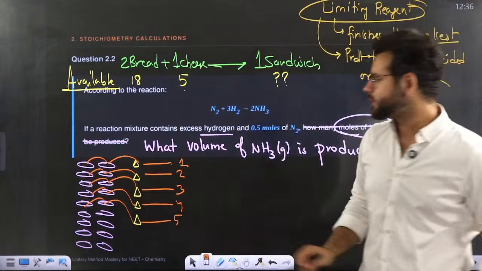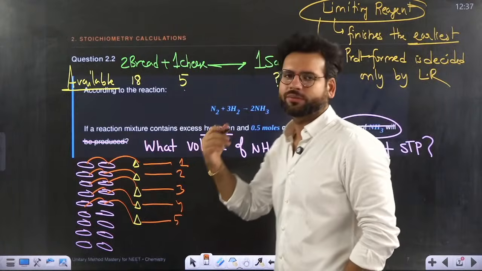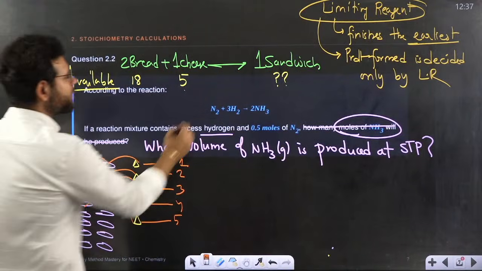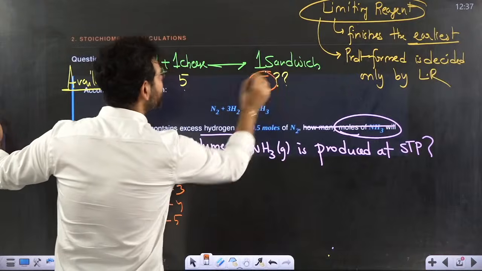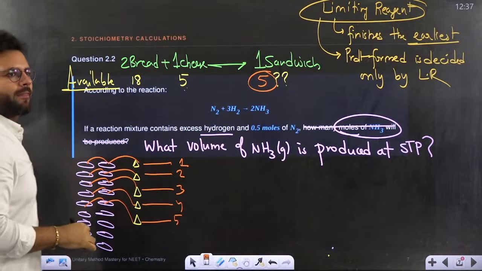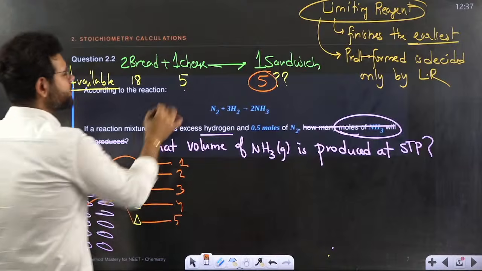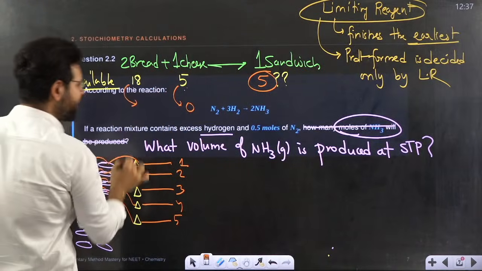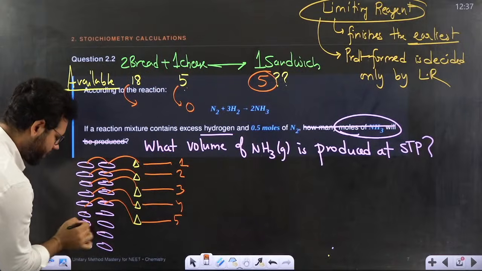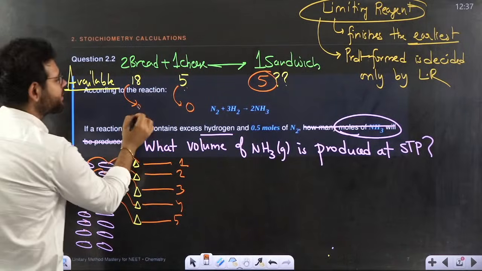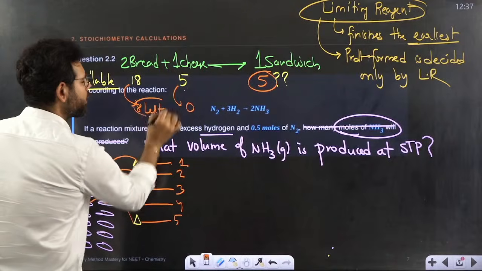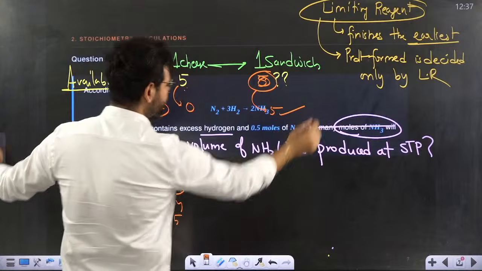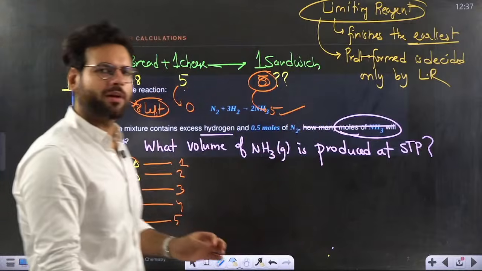After these 5 sandwiches, the cheese got finished, which means no further sandwiches can be made. So only 5 sandwiches will be formed, which depended only on cheese. Still, breads are left. How many? 8 breads are still left. Product formation stopped after the 5 sandwiches.